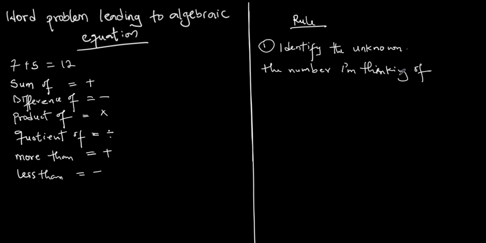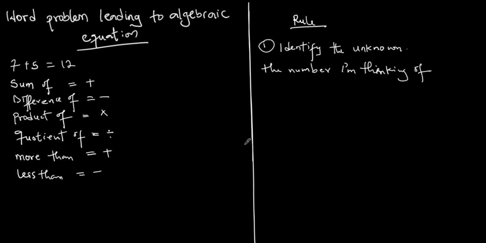So first, identify the unknown. What is that thing that you don't know in the question? So I know that 5 added to a number which I don't know will give me 12.